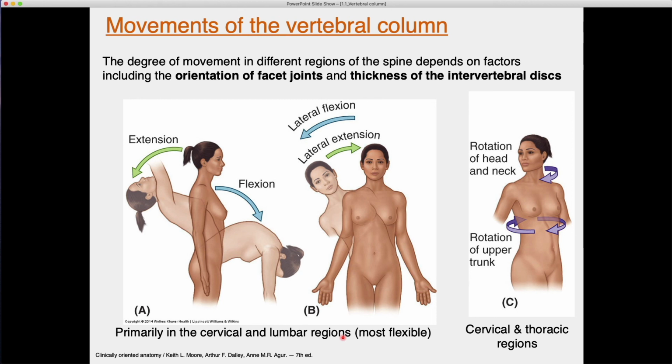So in the thoracic spine, we really only have some degree of rotation, and we also see rotation at the level of the cervical spine. We don't really have any degree of rotation in the lumbar spine because of that sagittal orientation of those facet joints, really preventing any rotation at that level.